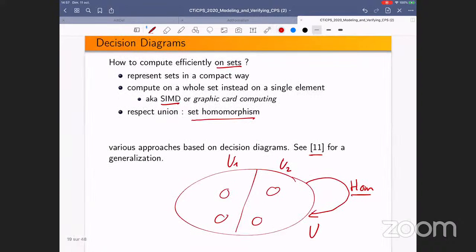Okay, so as I promised, the first aspect I would like to discuss a little bit is what about the transformation?